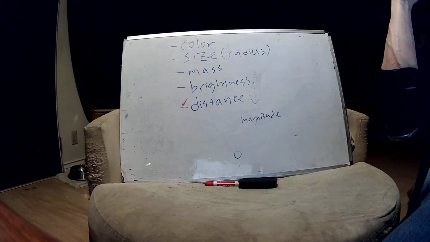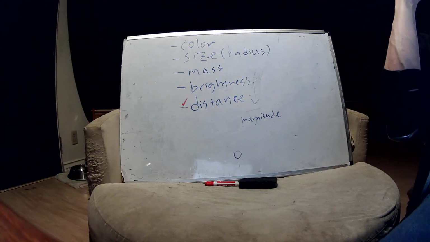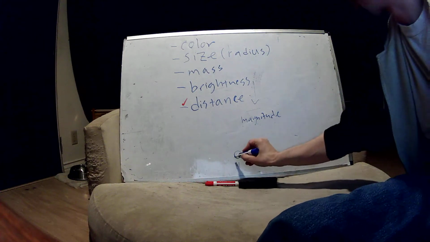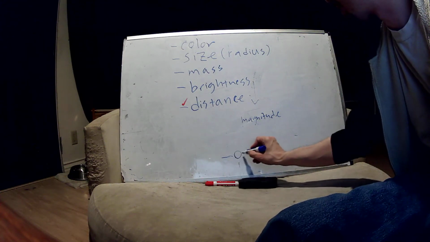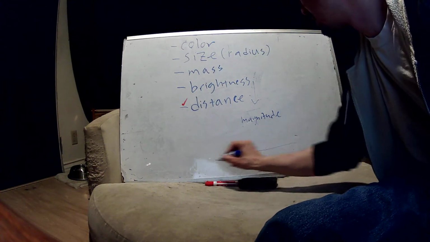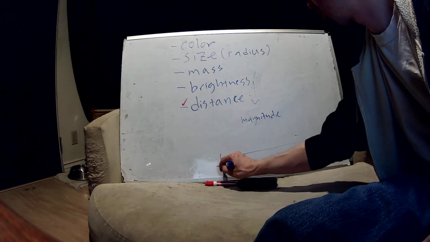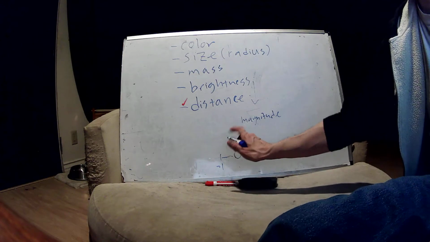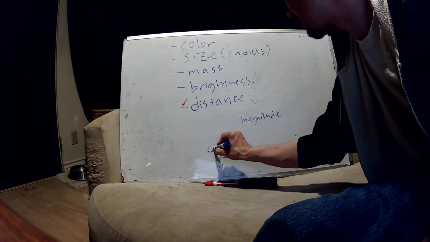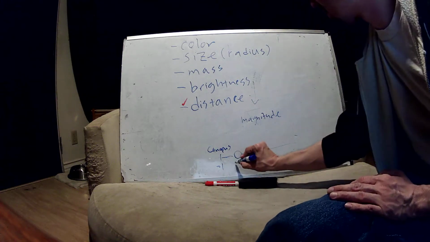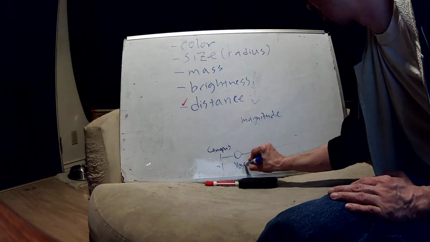The sun is very, very bright. But let's say that there's a star that's brighter, somewhere on this scale here. And here we'll call this +1. +1 would be like the star Canopus. And here at 0 we have the star Vega.